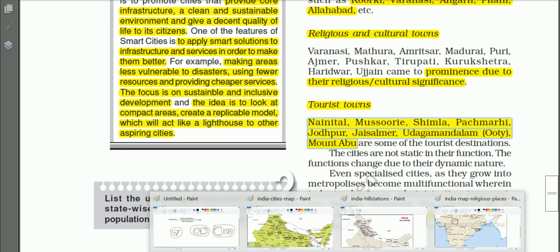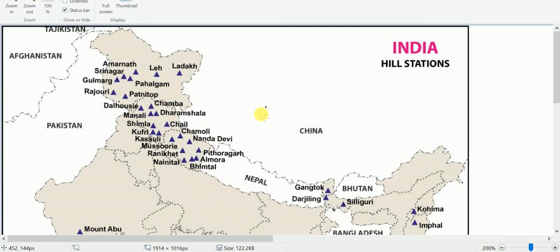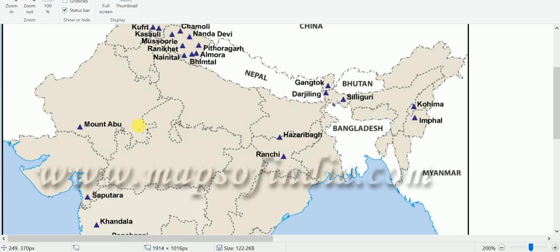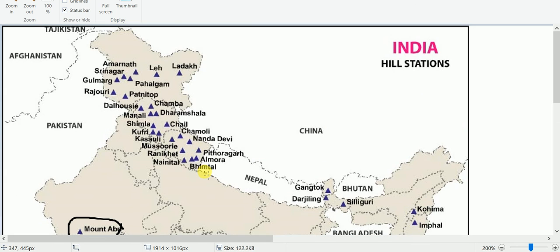And here we have a map showing these places. Here Mount Abu is in Rajasthan, a very famous hill station. And other hill stations are here. Say, for example, here we have Mussoorie, Ranikhet, Nainital. Nainital is also here, and a lot of hill resorts are here.